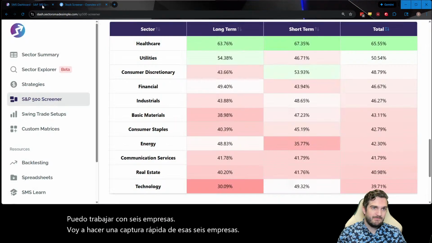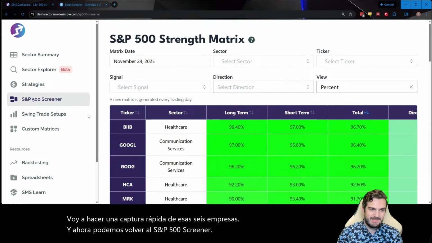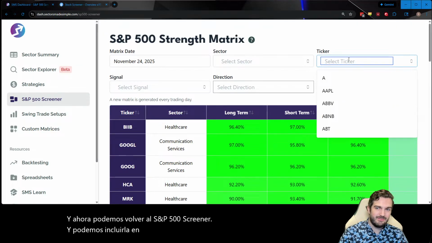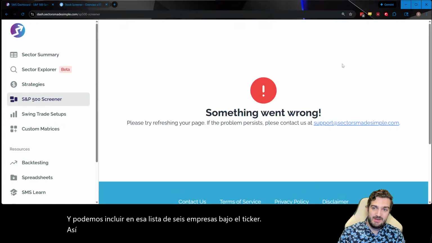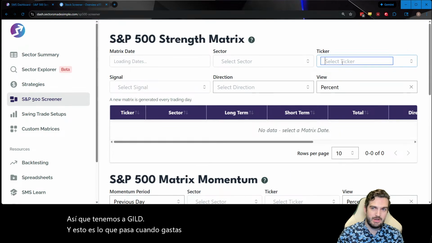And now we can go back to the S&P 500 screener. And we can put in that list of 6 companies under ticker. So we got GILD. And this is what happens when you spend a little bit too much time poking around a bunch of buttons and highlighting things.